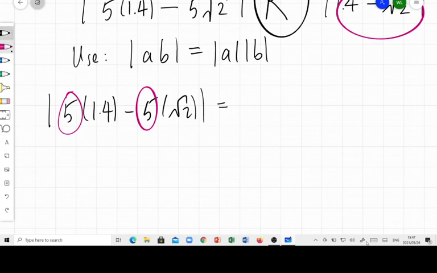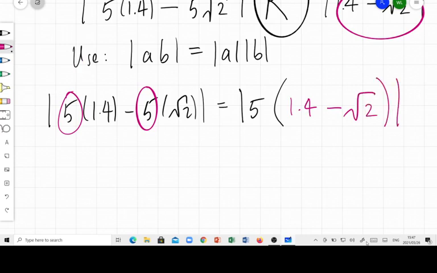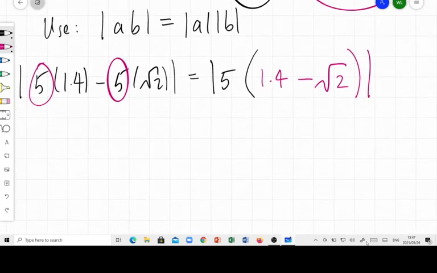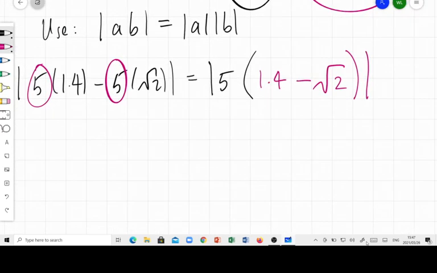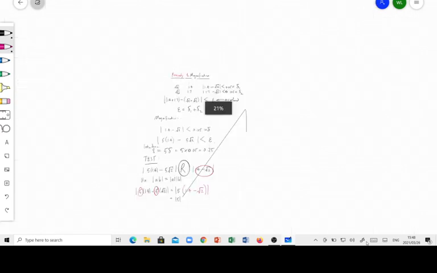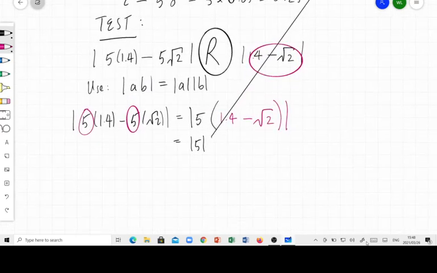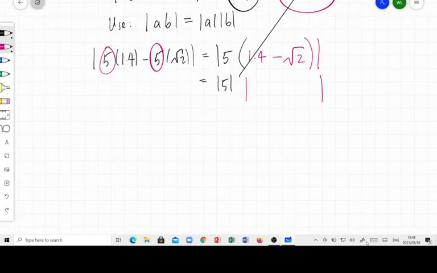So when I factorize it out, it's going to be 5, then I factor out the common factor, and then I end up with 1.4 minus square root of 2. Okay? So notice that now I've got the absolute value of two terms, 5 and 1.4 minus square root of 2. And so by the law of absolute values, that is going to be equal to the absolute value of 5 times the absolute value of 1.4 minus square root of 2.